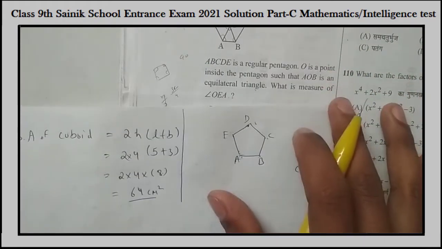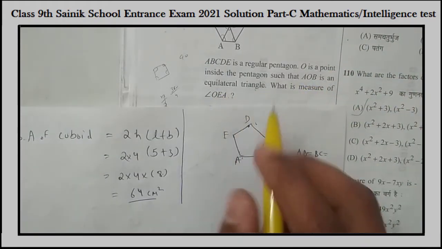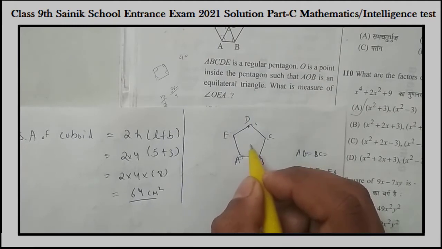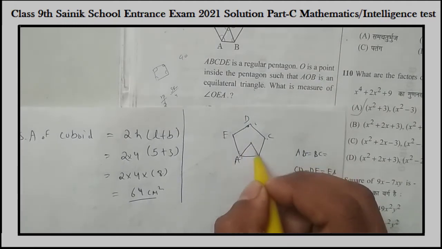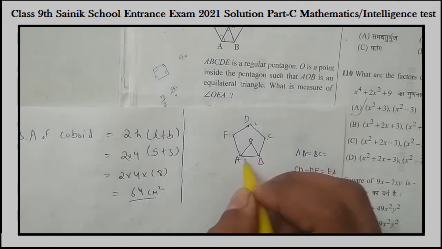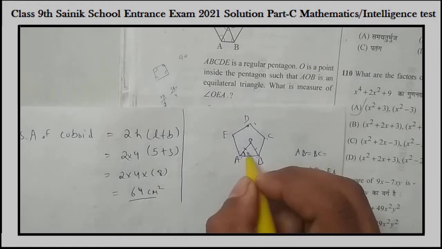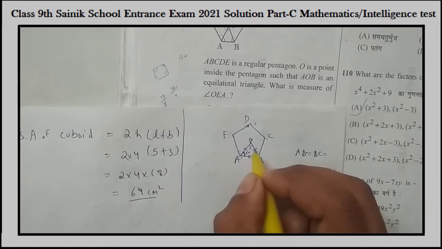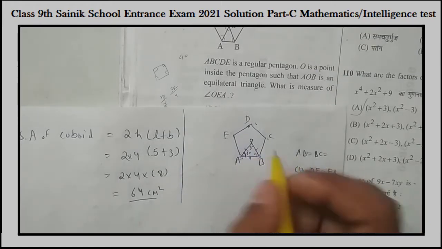Over here what is given? AOB is an equilateral triangle inside this pentagon. Equilateral triangle means AO, OB and AB are equal. These three sides are equal, and this angle is 60 degree, this one is also 60 degree.